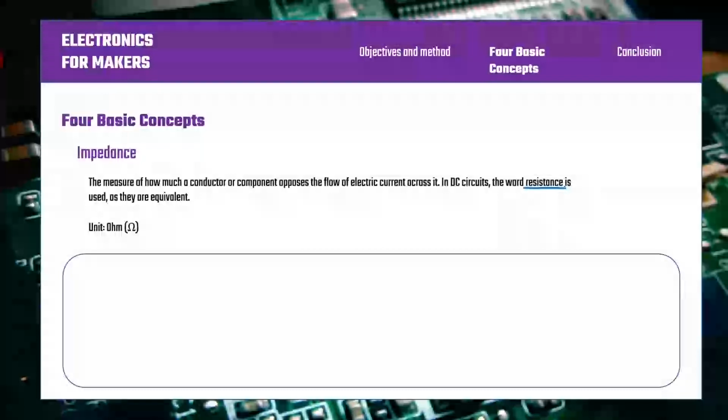Many people learn this word first, resistance. But I think of it as an incomplete definition. As we're going to see later on, the complete definition of resistance to the flow of electric current across a conductor is impedance. And for now we're going to use this word throughout the course.